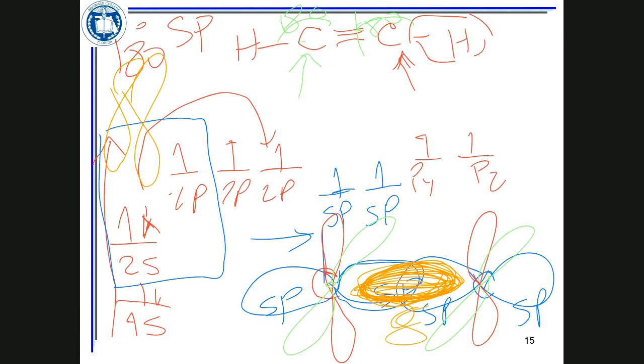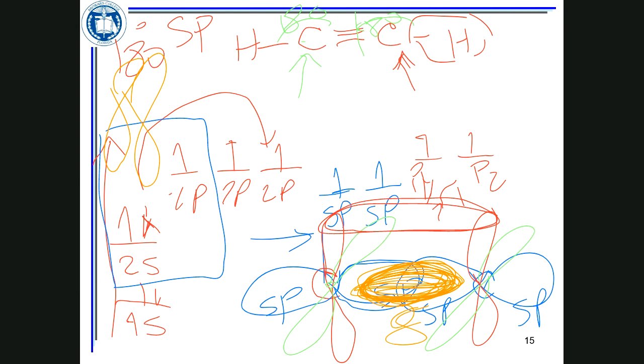Now, what type of bonding is going to form when you bring these two closer, because when the bond forms, it gets closer. So you bring the p orbitals together, making the p orbitals overlap. What type of bonding is going to form between the p orbitals? Half a pi up, right? And then half a pi down, because this is up and down.